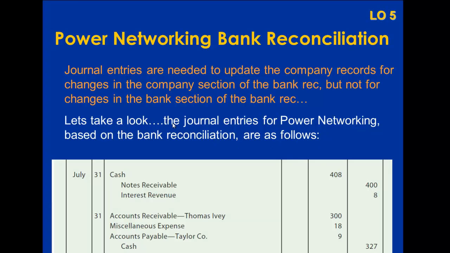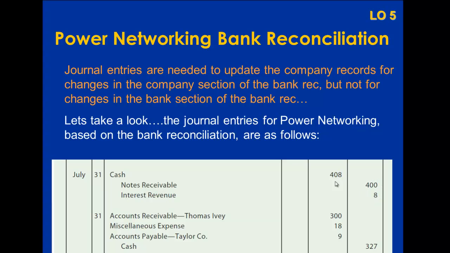Okay, so we can see here that there's two entries that we need to make. The first entry is going to be to reflect the increase in cash. Okay, so there was $408 that was collected by the bank on our behalf, and actually the example said that some people owed us $400, and $8 of that represented the interest component.